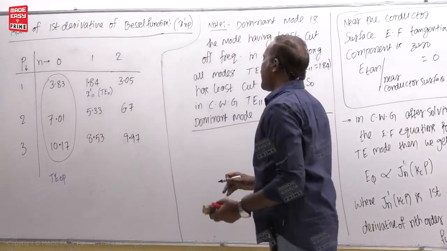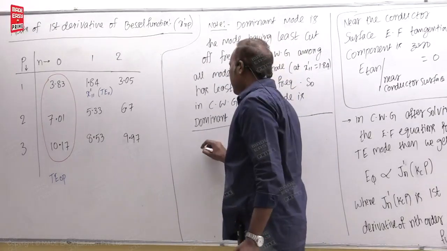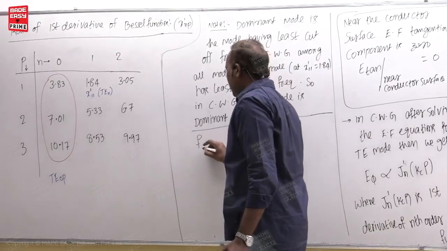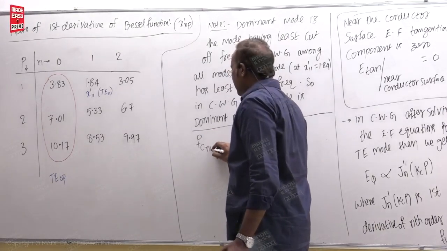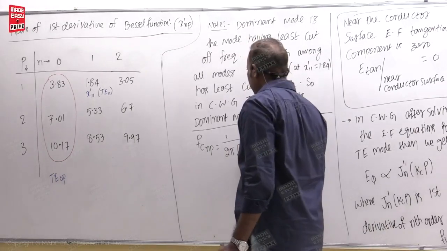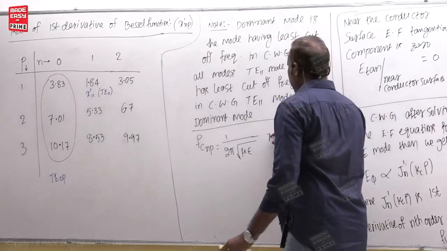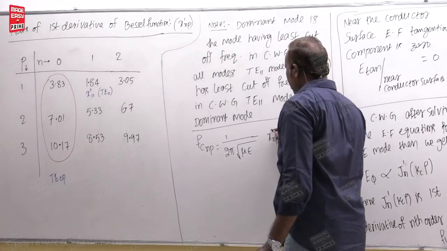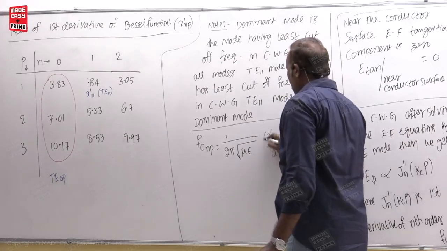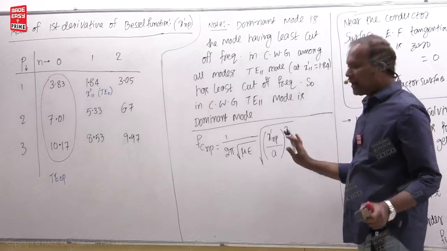Dear students, I told you what to remember here. Only one formula: fc np is equal to 1 by 2 pi root mu epsilon times the square root of (x np dash by a) whole square, that is nothing but x np dash by a only.